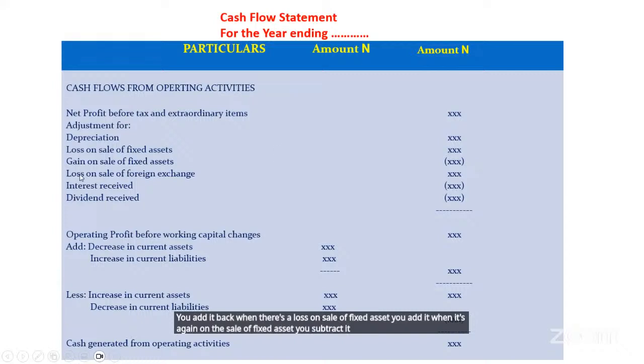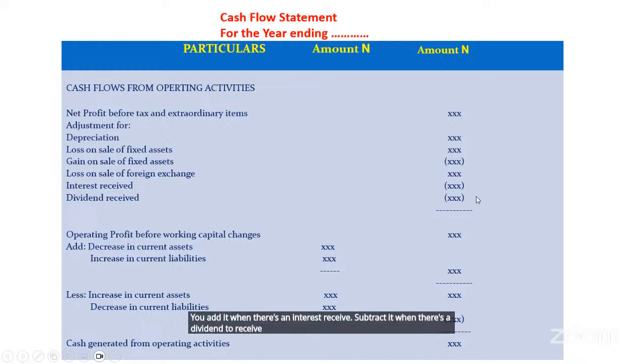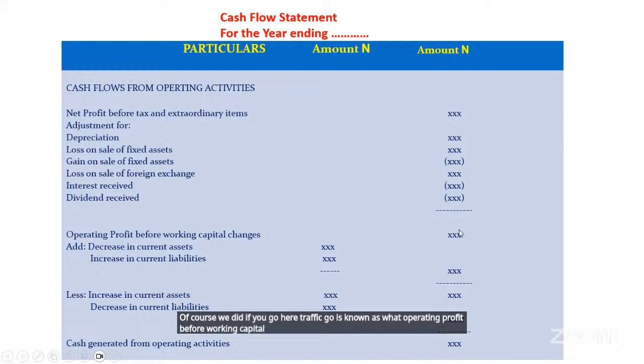When there's a loss on foreign exchange, you add it. When there's interest received, subtract it. When there's dividend received, subtract it. Of course, you get the figure here. That figure is known as operating profit before working capital change.